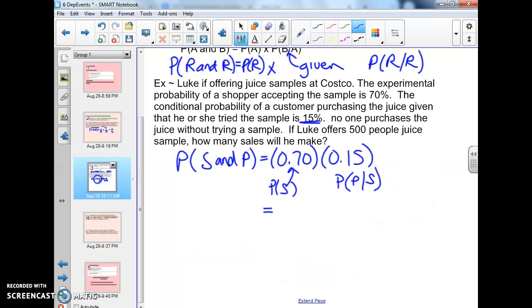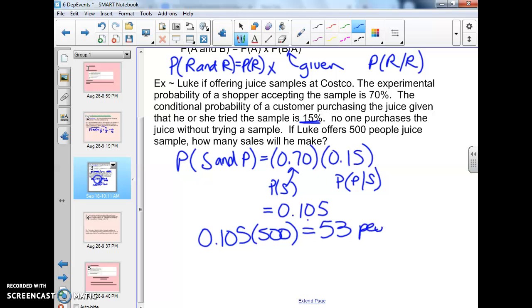We multiply them together and we get a probability of 0.7 times 0.15, which is 0.105. And so this times the 500 will give us how many customers would have purchased the juice: 52.5, or approximately 53 people. Okay?